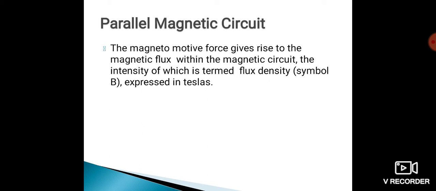The intensity of flux is called the flux density, and its symbol is B. The unit of magnetic flux density is the Tesla.